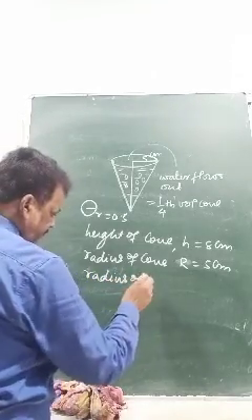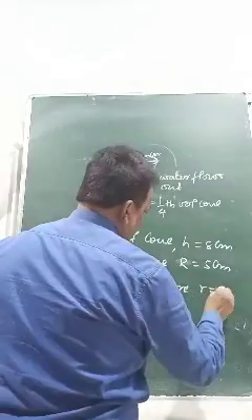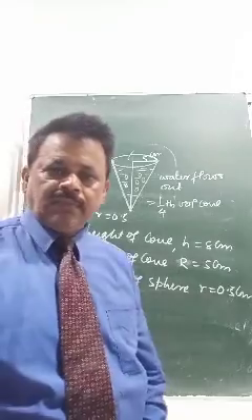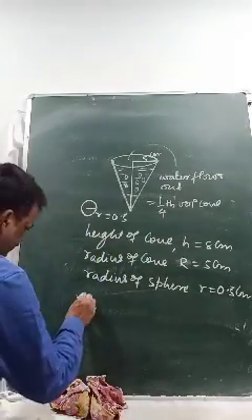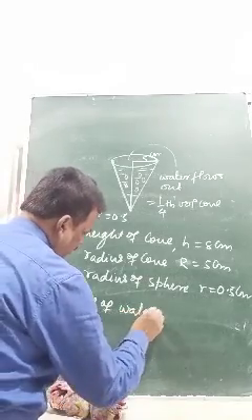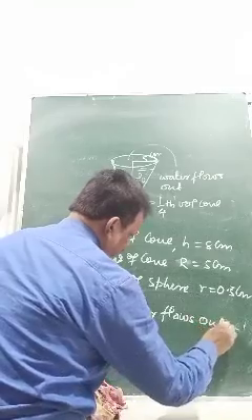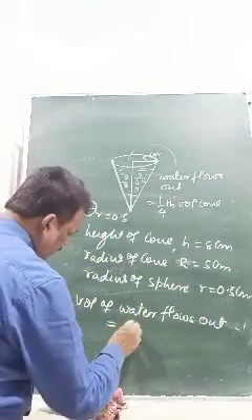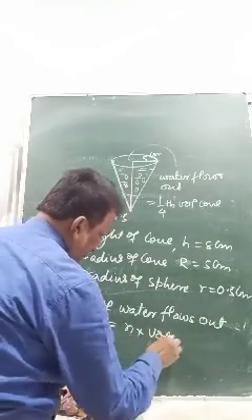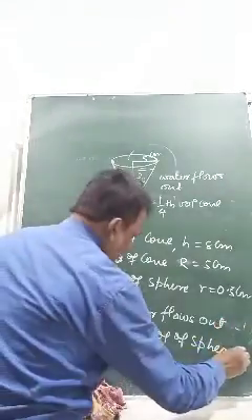Radius of sphere r equals 0.5. Then you can write volume of water flows out equals to n into, n means number, volume of sphere.